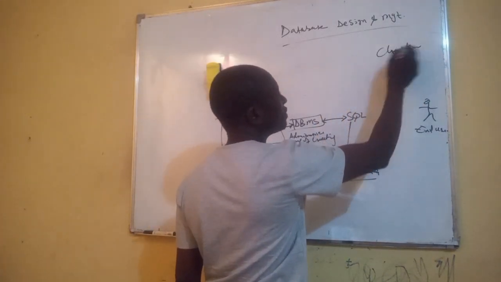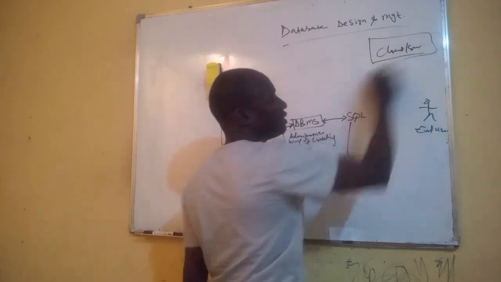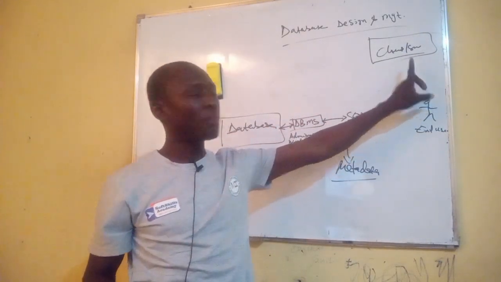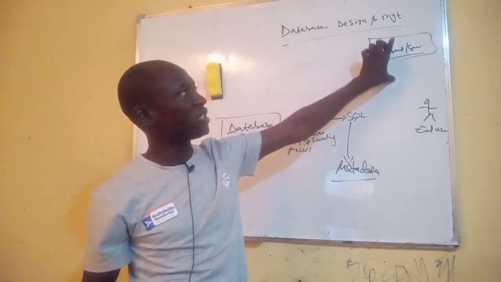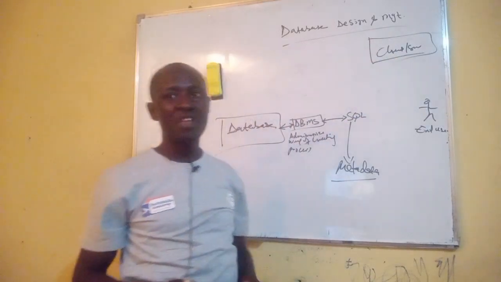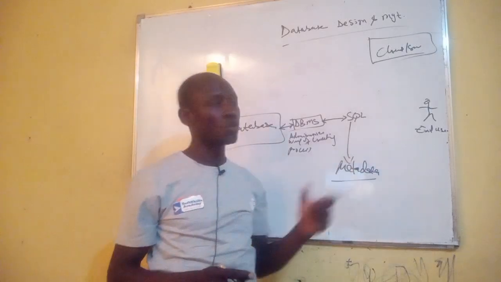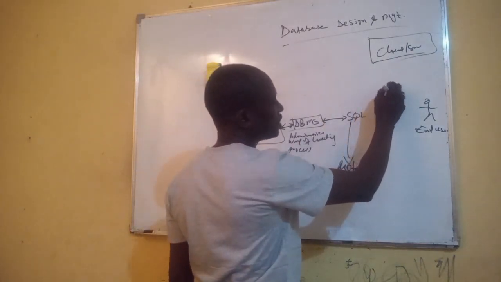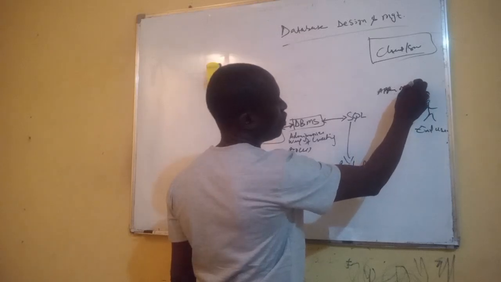Client and server, and these are the applications over a corporate network. These are the applications that you can create over a corporate network. We can also have applications on a web server.